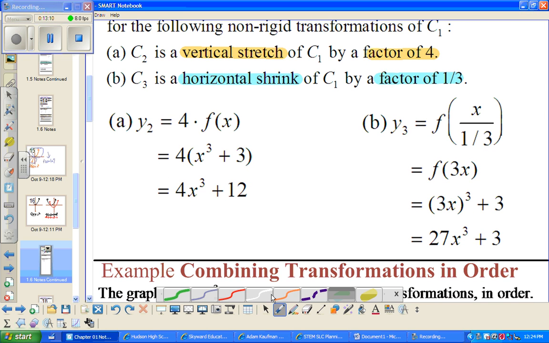Don't forget, as you know, this cube can be distributed since the 3 and the x are being multiplied. That's how you get 27x cubed.